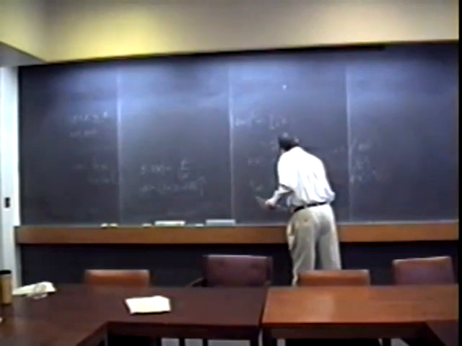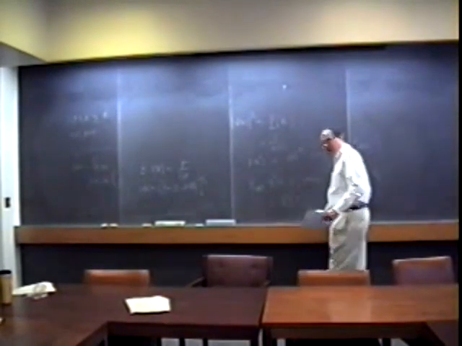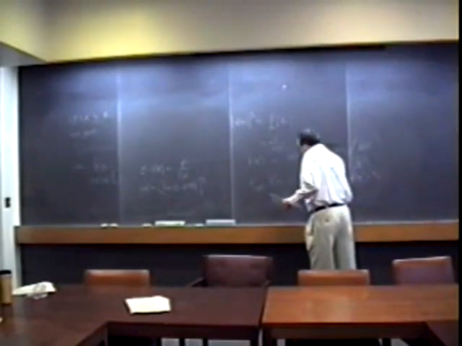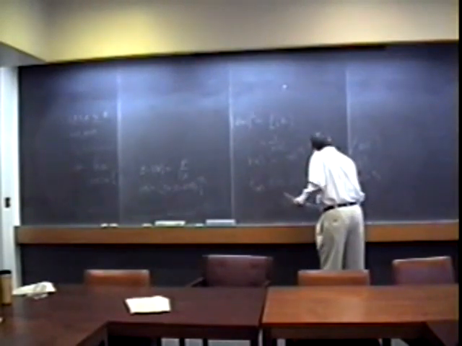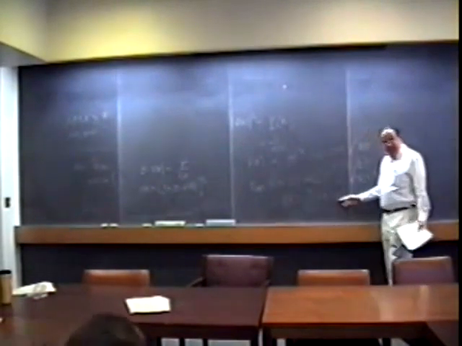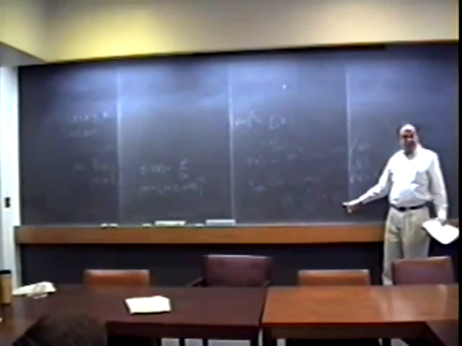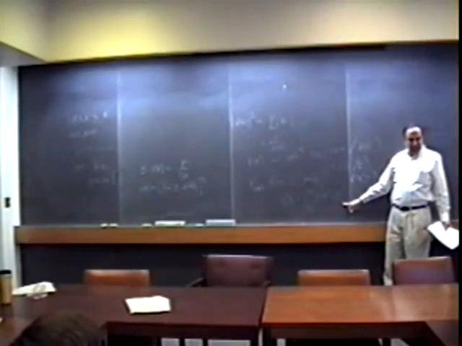Phi of r is the integral from a turning point to r of p of r dr. So this is exactly what we had here, except now we're treating the phase as well as the oscillations.